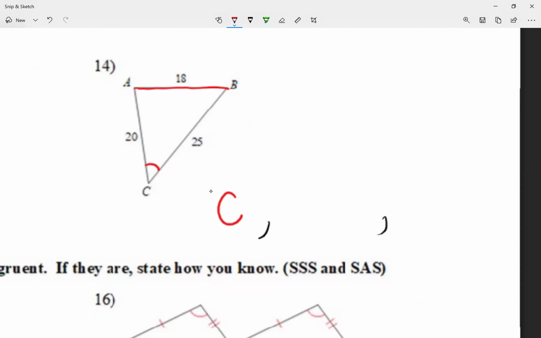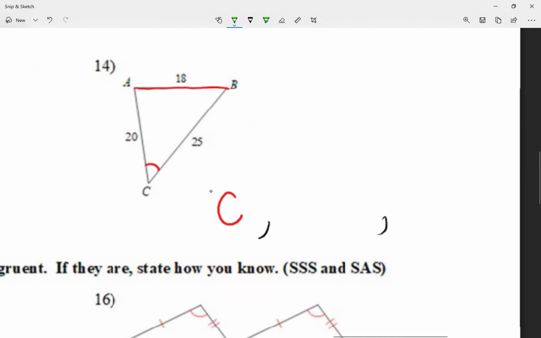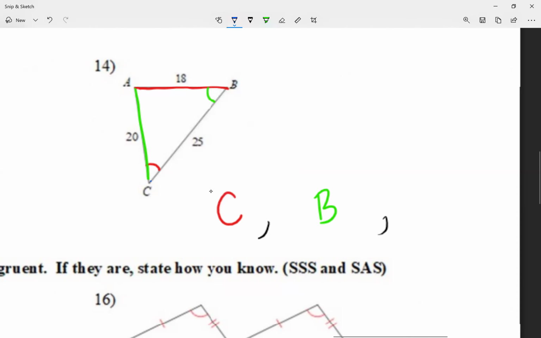I call it lazy way because it's only one letter. Good. How about medium? So 20 after 18, we follow with 20, which is opposite from this corner. So I'm going to call this angle B. The lazy way will work today. Just be careful. Don't get too used to it. And then lastly, the biggest side is 25, which is opposite to this corner. So I'm going to call that corner or angle A.